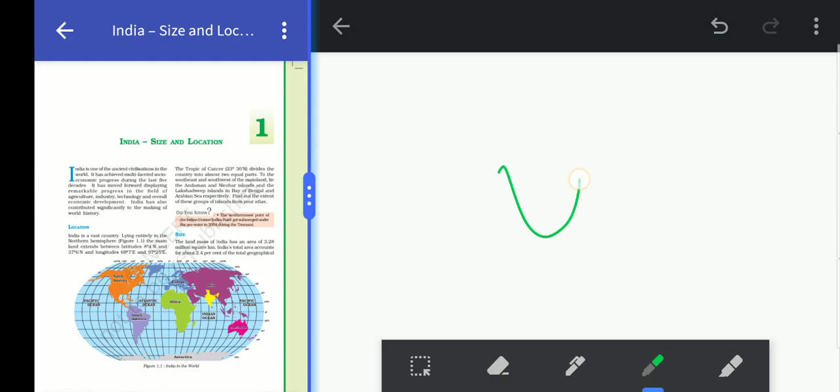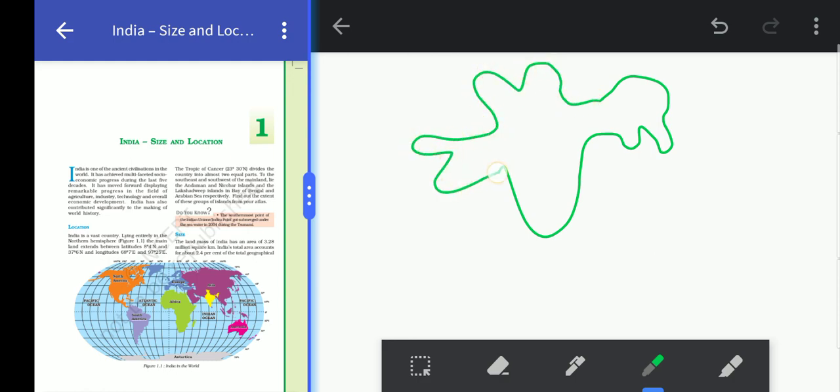Suppose this is India. I'm very bad in drawing. Forgive me for that. Now you can just imagine this is India. All right. So borderline is the line where you can find other land countries. Like you find here, which country do we find here?